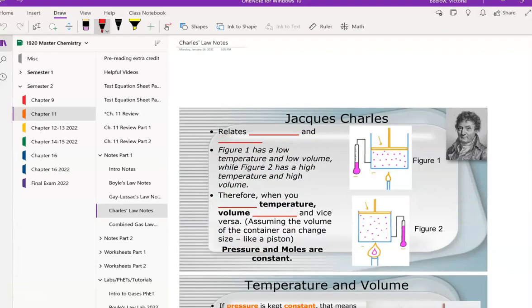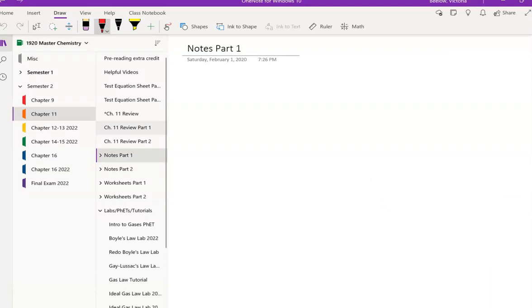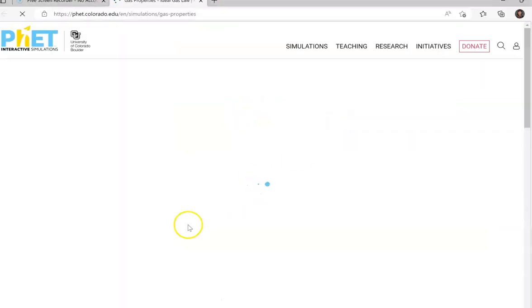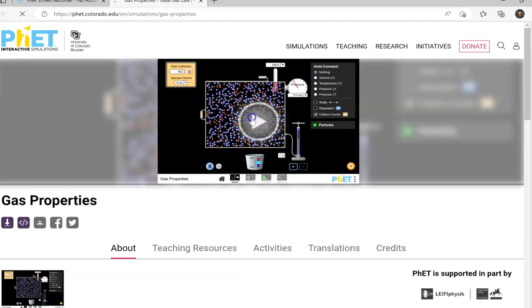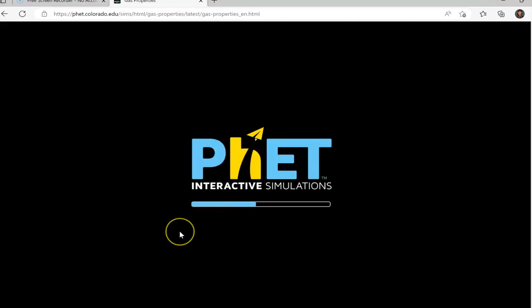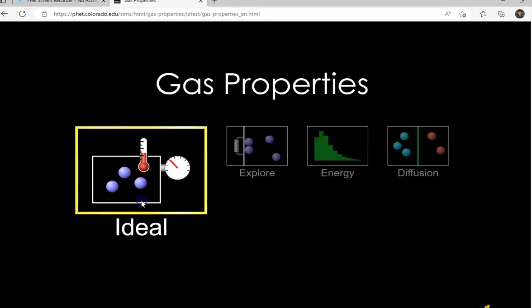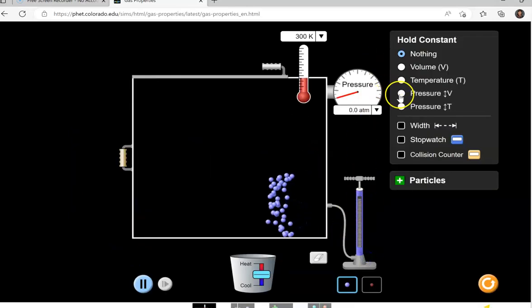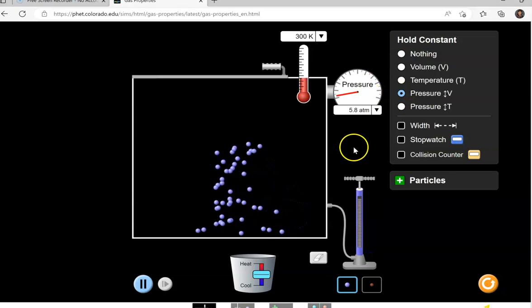One way to look at this, let me go back to that simulation to demonstrate the idea. Again, we're going to be manipulating the temperature and the volume with the pressure staying the same. Let me add some gas particles, and then I'm going to keep the pressure the same.